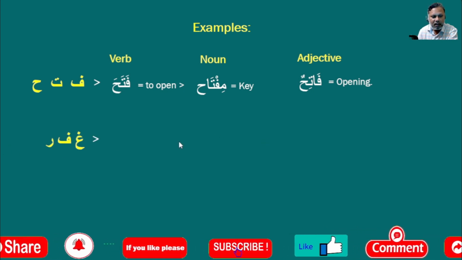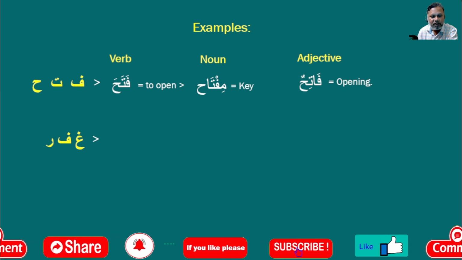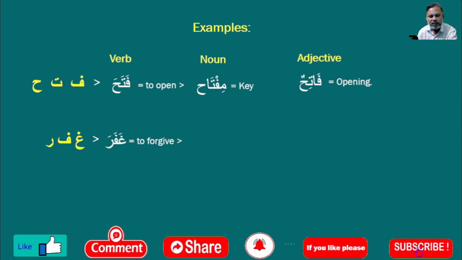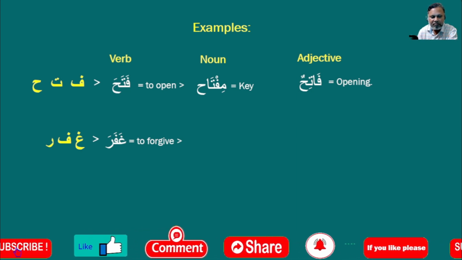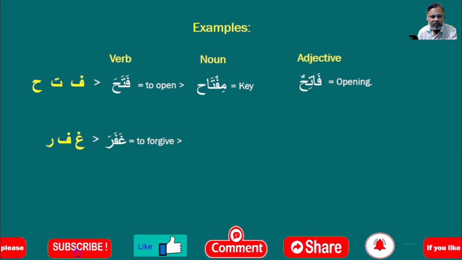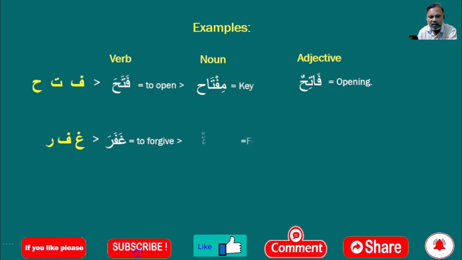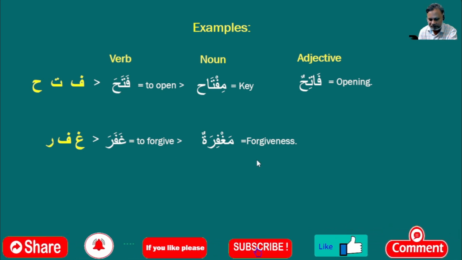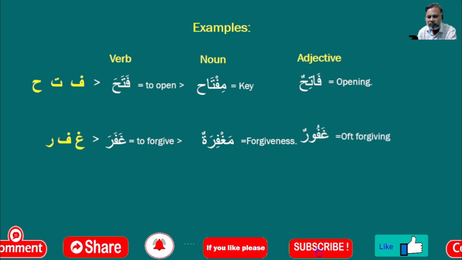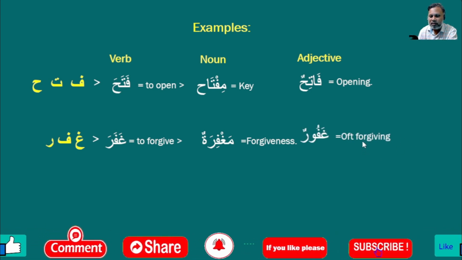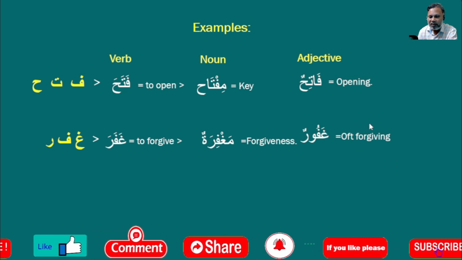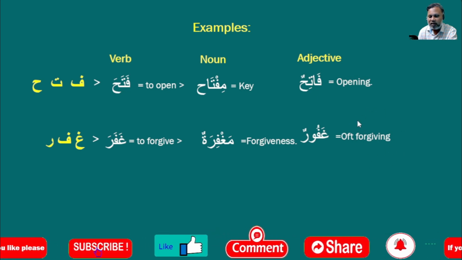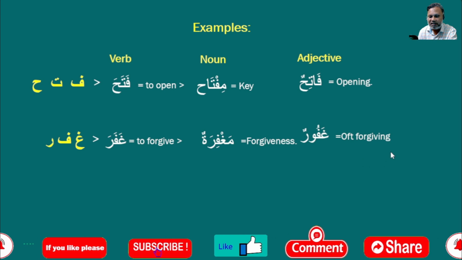Gha, fa and ra. From these three root letters we can make this verb ghafara. Ghafara means to forgive, and we can also derive the noun and adjective from ghafara, like maghfiratun. Maghfiratun means forgiveness, and ghafurun means oft-forgiving. Oft-forgiving means the quality of forgiving repeated mistakes.